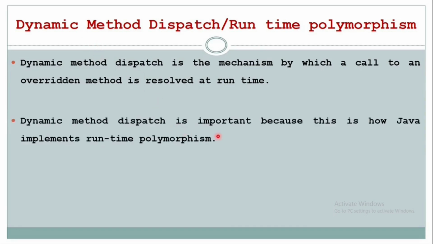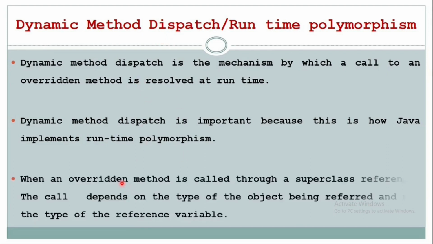Dynamic method dispatch is important because this is how Java implements runtime polymorphism. In the exam, you might expect a question, explain runtime polymorphism in Java. In that case, you need to write about dynamic method dispatch.